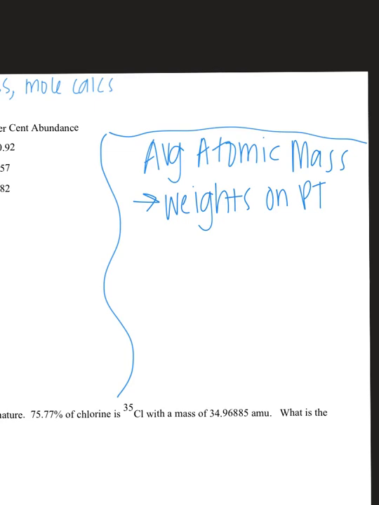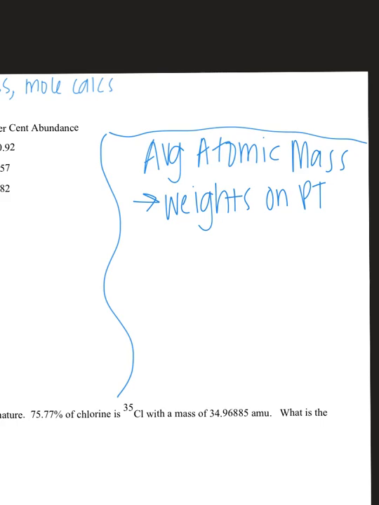Isotopes have different numbers of neutrons, and the mass of all those isotopes is averaged based on the percent abundance in nature of that isotope, and the average atomic mass is what's used on the periodic table.